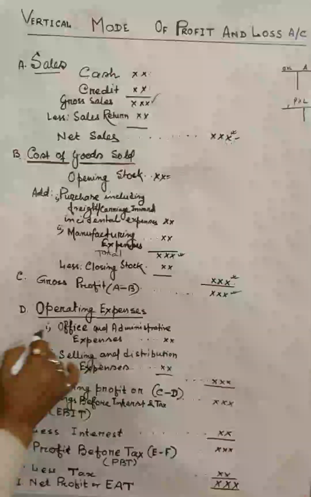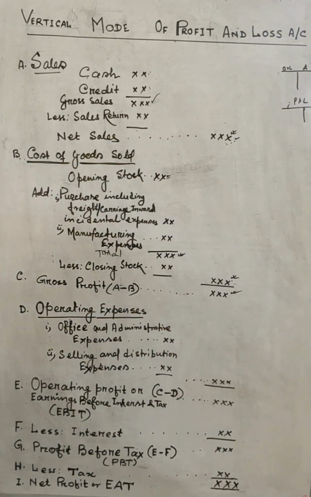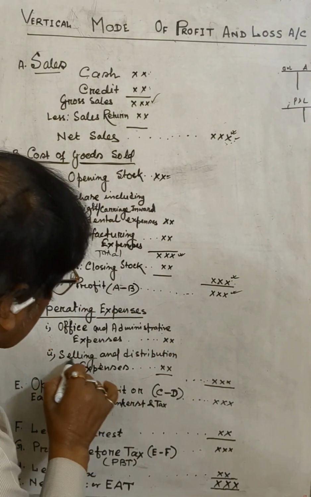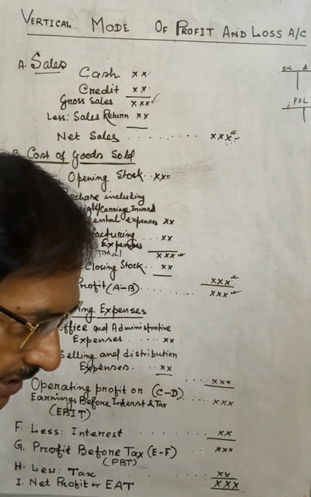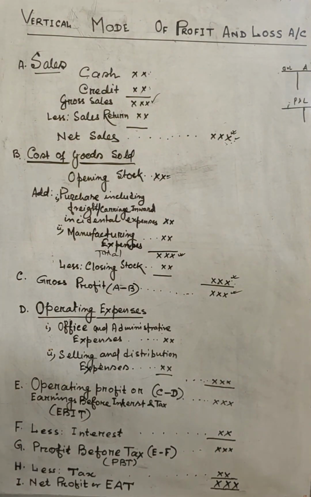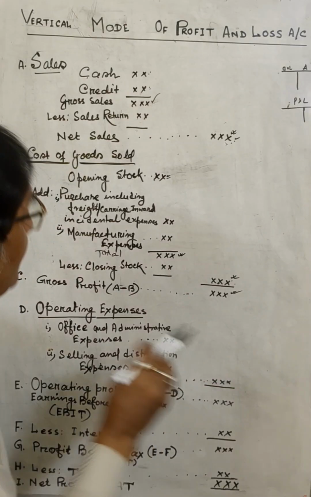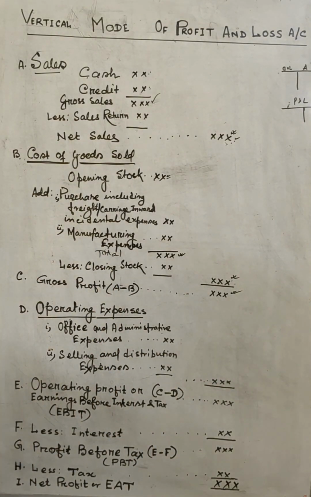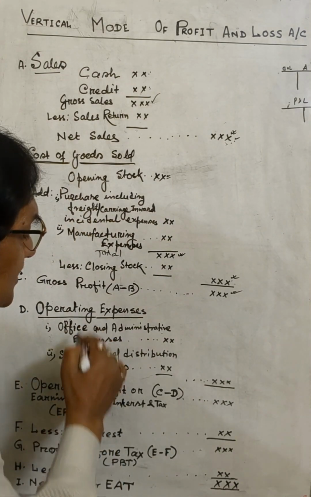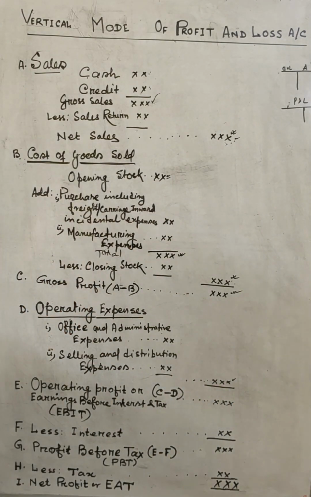Okay. That means office and administrative expenses. And the next item is selling and distribution expenses. That is directly related to selling the product and distribution of the product to get the revenue or earning. So if you club this, then the total is called operating expenses.